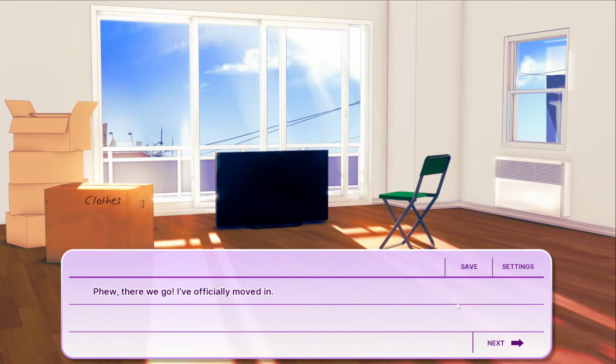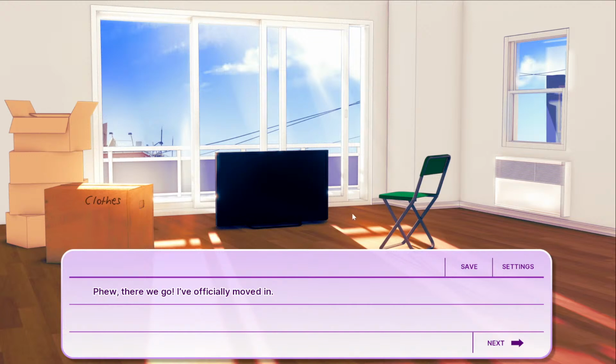I've officially moved in. To what? Clothes, a TV, a chair. If I moved into a house like this without any furniture, I'd buy a chair, or I'd sit on the floor. Although I do probably want something up like this so I could have my legs down.